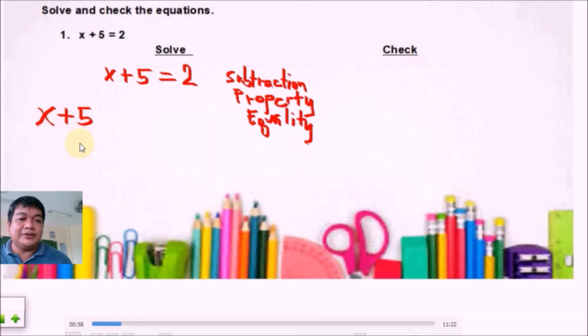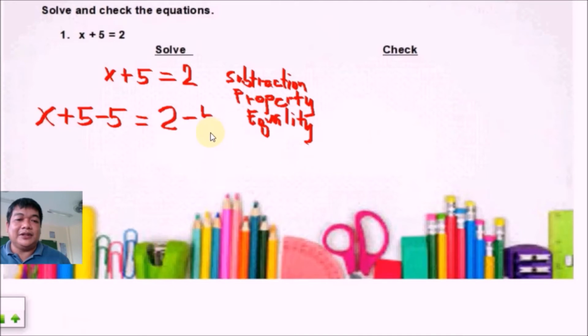What number can we subtract so that x on this side will remain? We're going to subtract 5. If we subtract 5 on this side, we also subtract 5 on the other side. So we're going to have 2 minus 5.